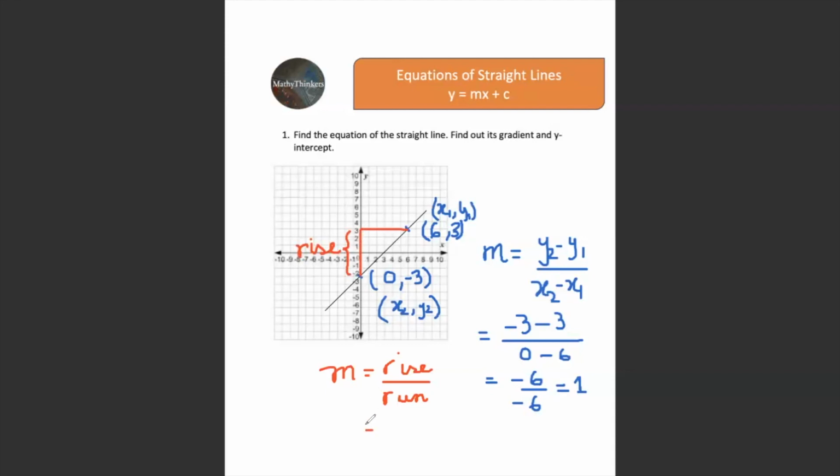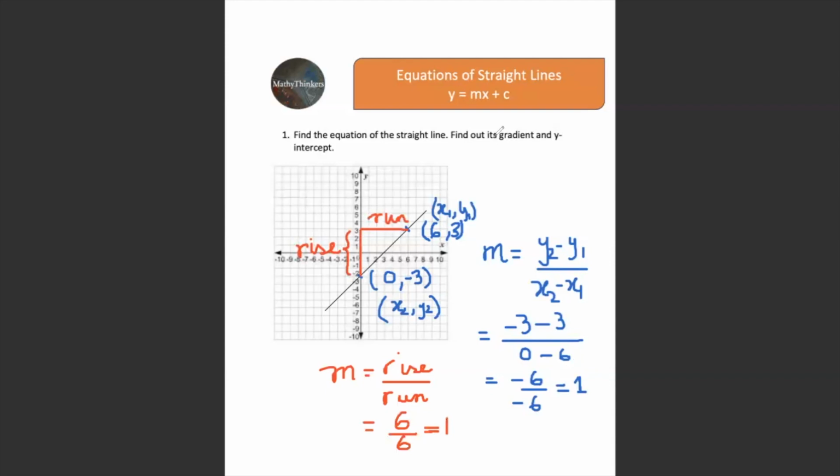The rise is 6. And the run is this. That's the run, the difference of the x values. So that is from this 0 to that 6. That's a 6 again. So the rise over run is also 1. So there are different ways of finding the value of m or the gradient.